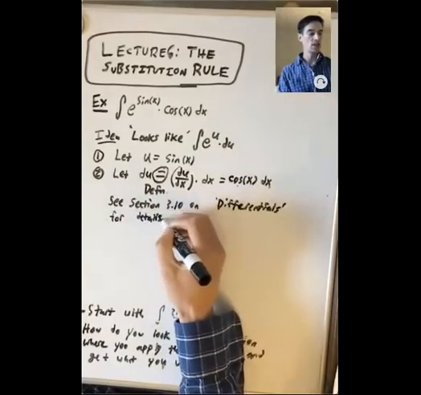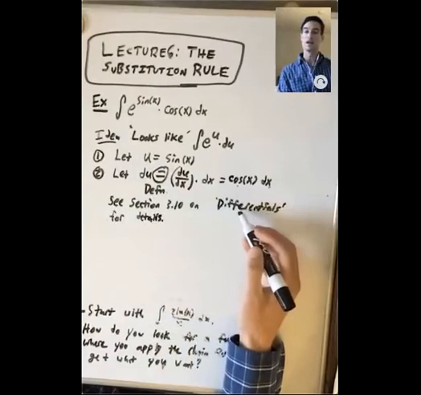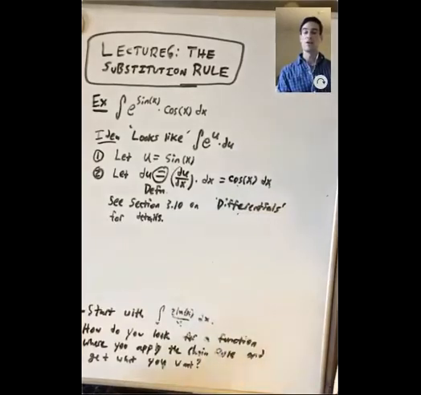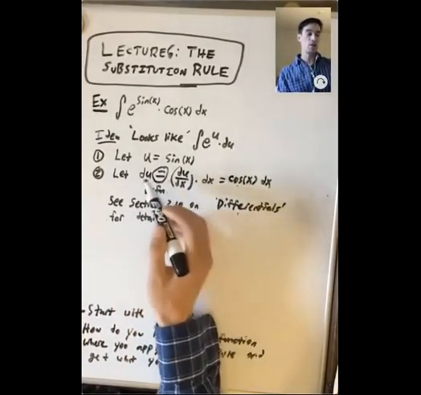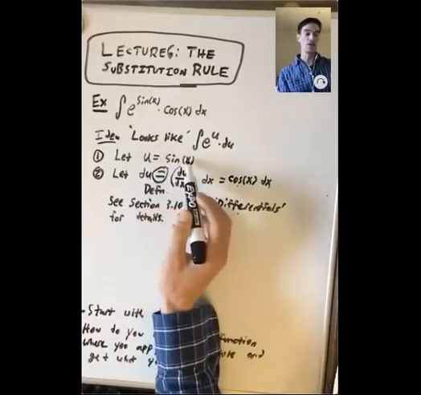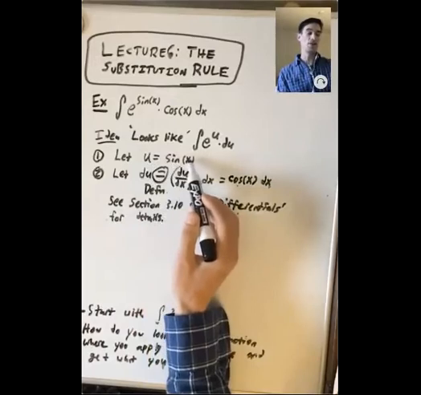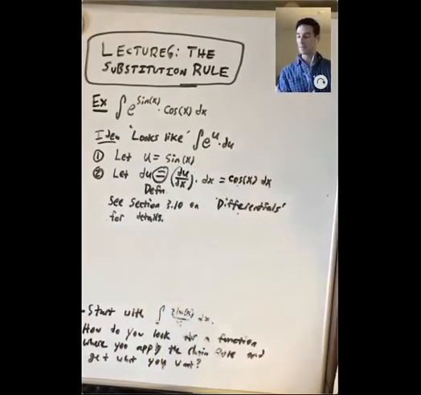But you're not going to need to know anything from this section about what differentials are in order to apply the substitution rule in this class. So you can just take this to be a definition of what du is when you write u equals some function of x: du is the derivative of the function of x with respect to x, times dx.